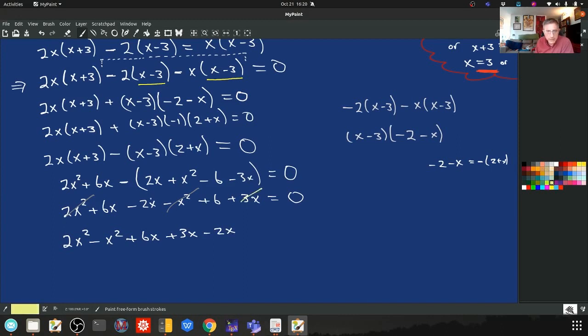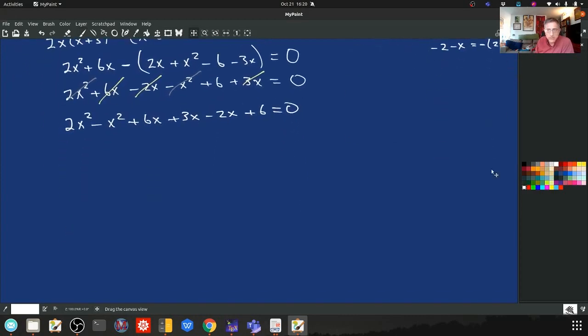My 3x, my minus 2x, and my 6x has been taken care of. Plus 6. Still in the simplification stage, but getting closer. 2x squared, I told you these can be involved. 2x squared minus x squared is x squared. 6x plus 3x is 9x, minus 2x is 7x.